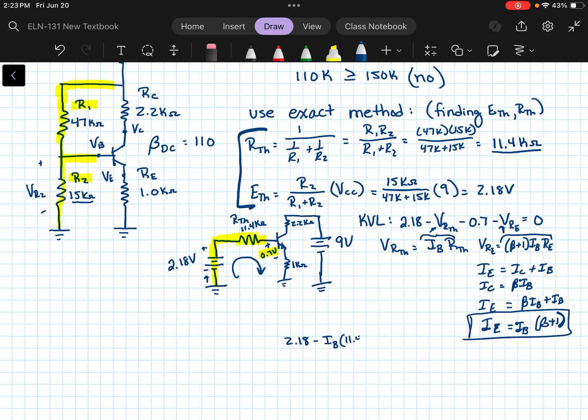IB times R Thevenin, 11.4K, minus 0.7, minus beta plus 1, which is 111, IB times 1K, and that all has to equal 0.